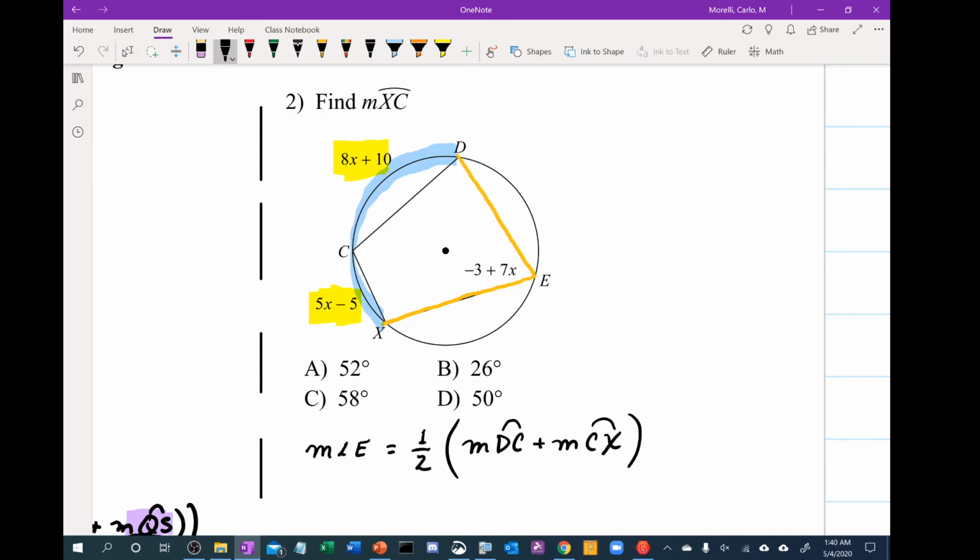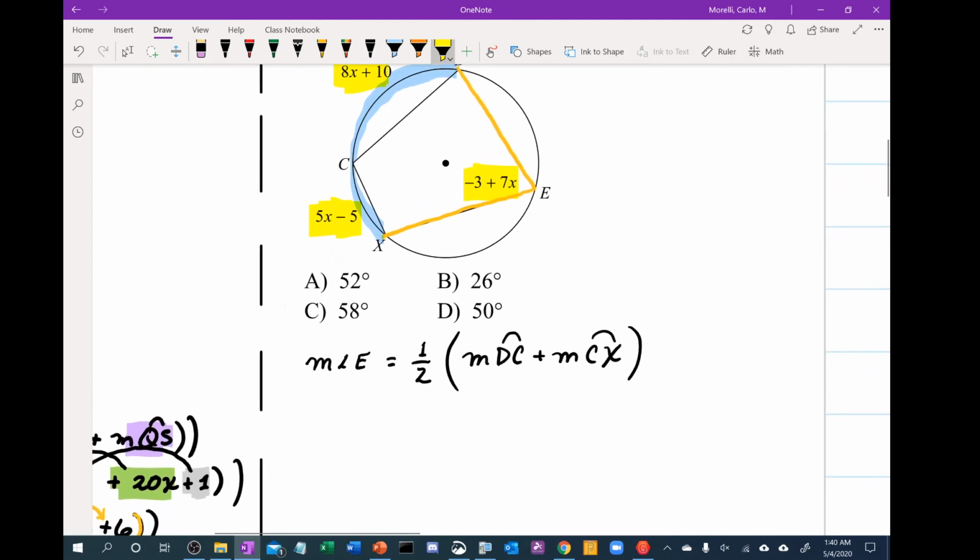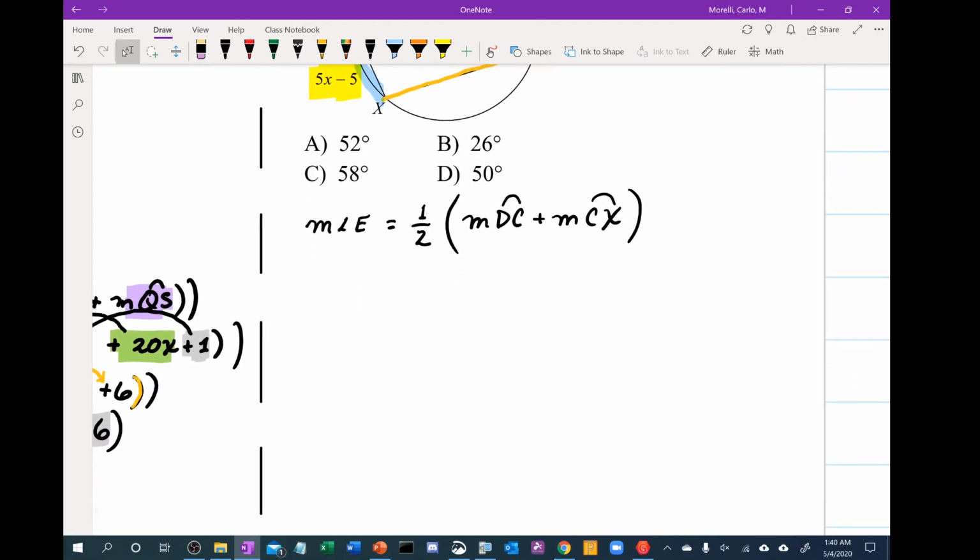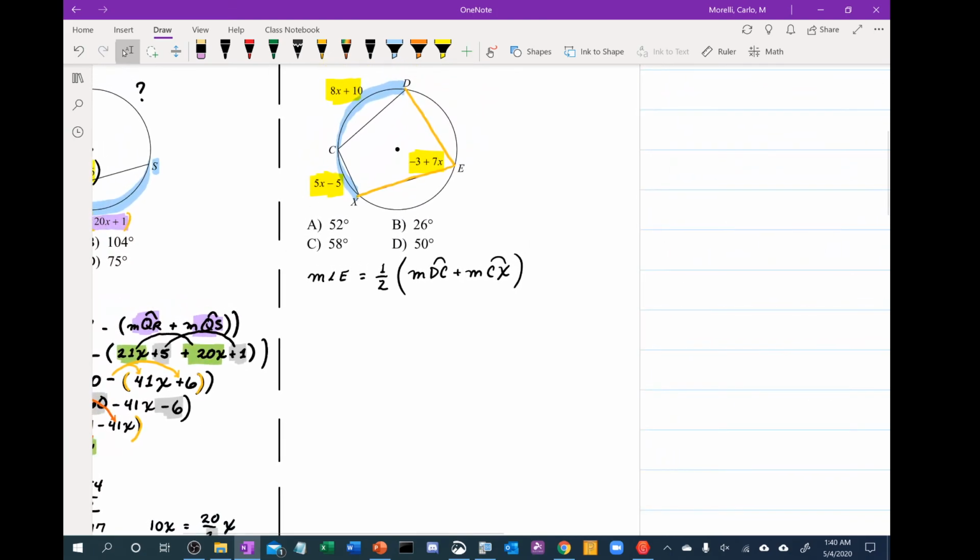And what we have to do is just substitute in our algebraic expressions. So where we have measure of angle E, we'll write 3x plus 7, and DC we'll write 8x plus 10, and then CX 5x minus 5. So our next step is to substitute in for these measures. 3x plus 7 goes right here. 3x plus 7 equals 1/2 open parentheses, and then measure of arc DC is 8x plus 10.